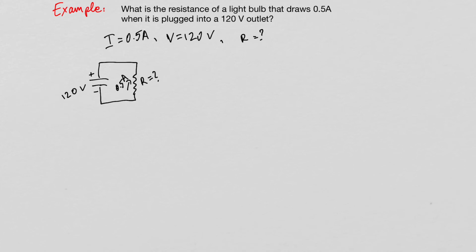The current, the voltage, and the resistance are related through Ohm's law, which states that V is equal to I times R. And from here, R is equal to V divided by I. That gives us 120 volts divided by 0.5 amps, which gives us 240 ohms. So that is the resistance of this light bulb.